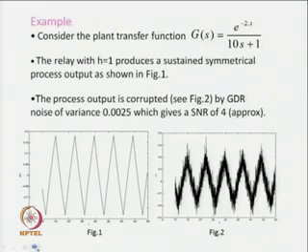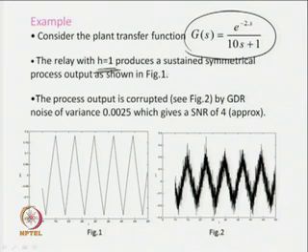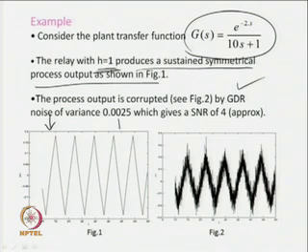Let us see some example. For the first order plus dead time transfer function model, a relay with edge equal to 1, parameter 1 produces a sustained symmetrical process output as shown over here. When the process output is corrupted by the noise with variance of 0.0025, which gives a signal to noise ratio of 4 approximately, I get the signal corrupted with this much of SNR in this form.